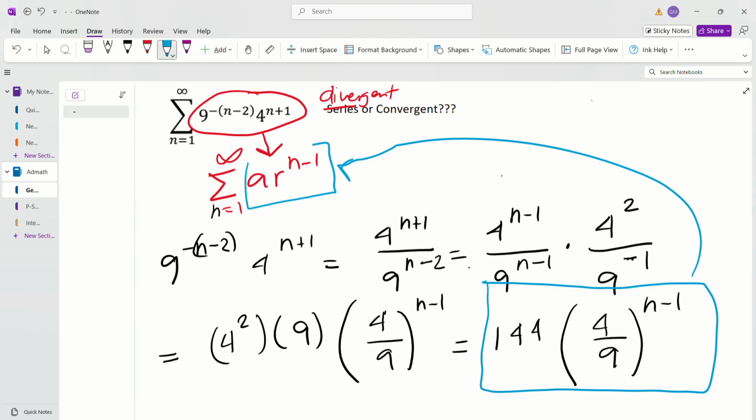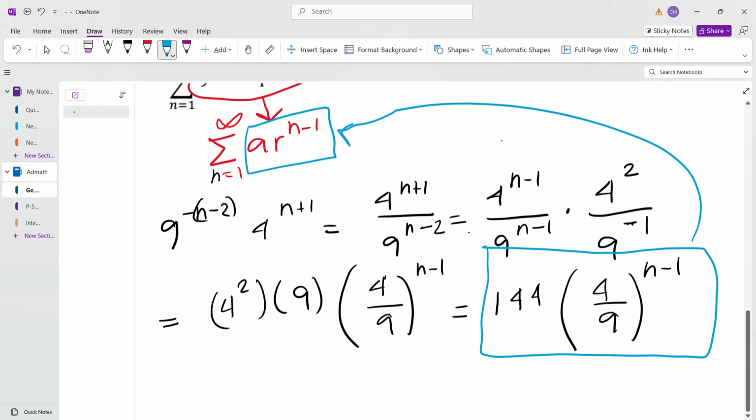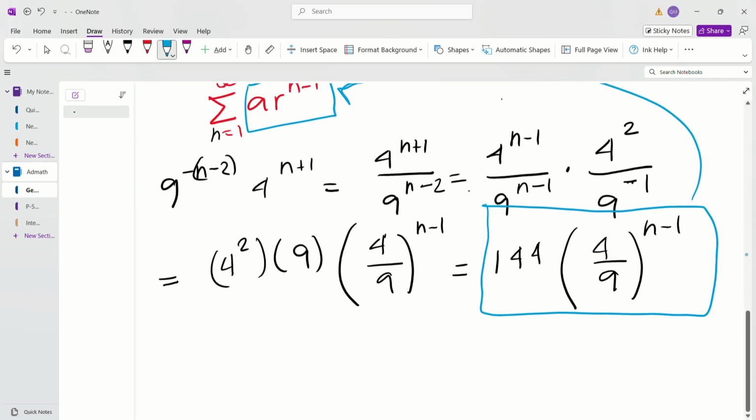So we can now get the value for r, the common ratio. Further analyzing, we have a equals 144 and r equals 4 over 9.